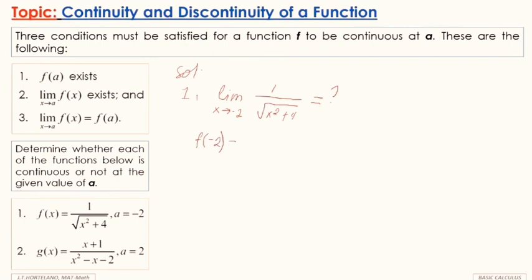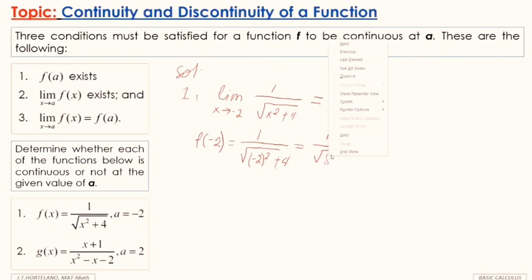So f of negative 2 will become 1 over square root of, just plug in, x is negative 2. So this is negative 2 squared plus 4. Just simplify. Negative 2 squared is positive 4, right? Positive 4 plus 4 is 8, so we have 1 over the square root of 8.